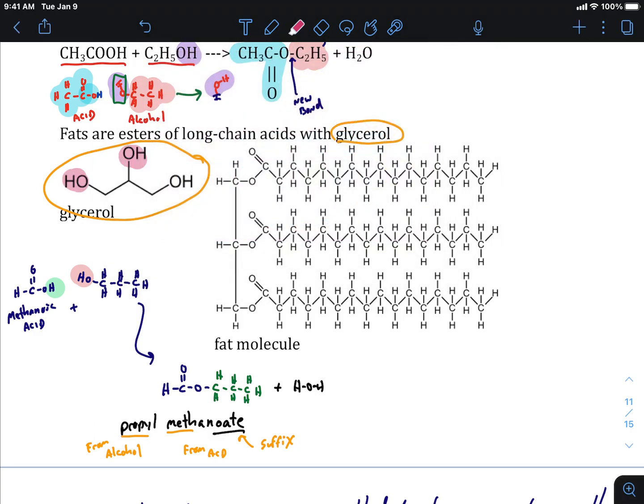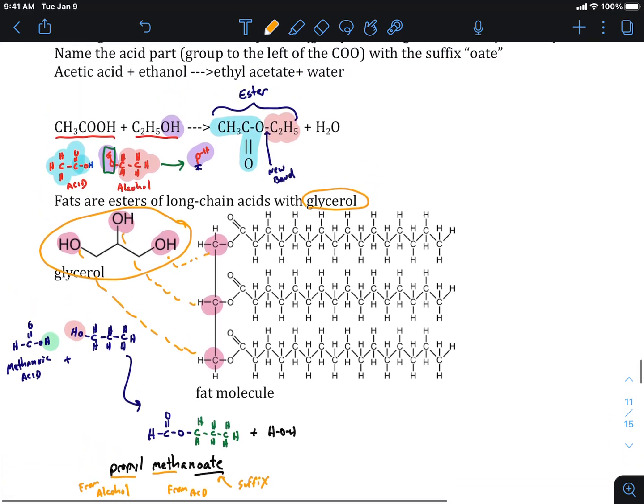It means this guy, and this guy could pop off and be attached to an acid after the acid dissociates its H+. So that means right here, here, and here, that's these guys. And so that's where you traditionally get a fat from. All right.